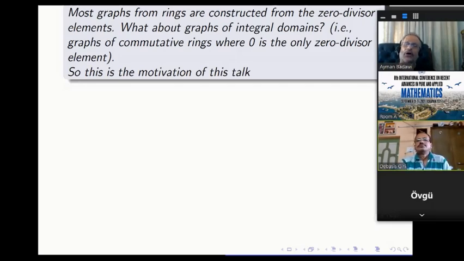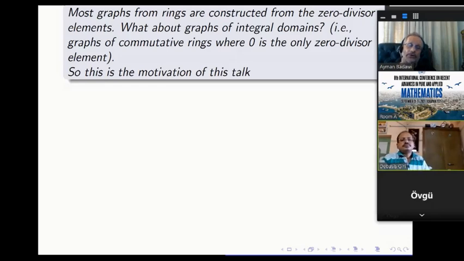You can think of the integers, polynomials over a field, and so on. These usually are excluded because the zero divisor element of these rings is just the normal zero, the additive identity of the group. So this is the motivation of this talk. Okay, so keep this in mind.